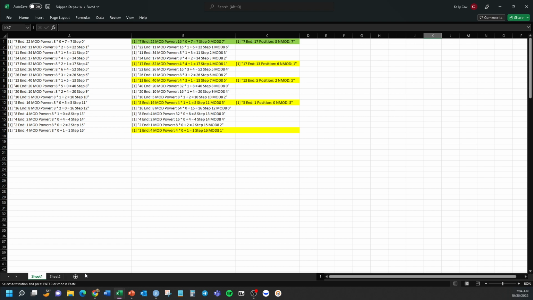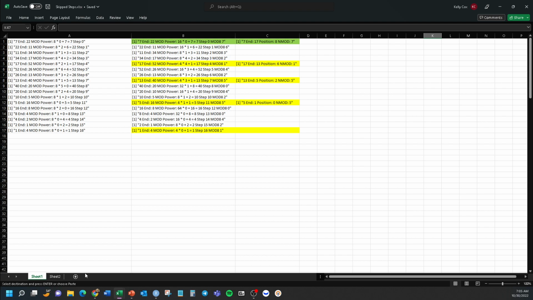Then the second column shows the correct mods of those numbers. And you can see that the only numbers that I can't skip are the mod 4 numbers.